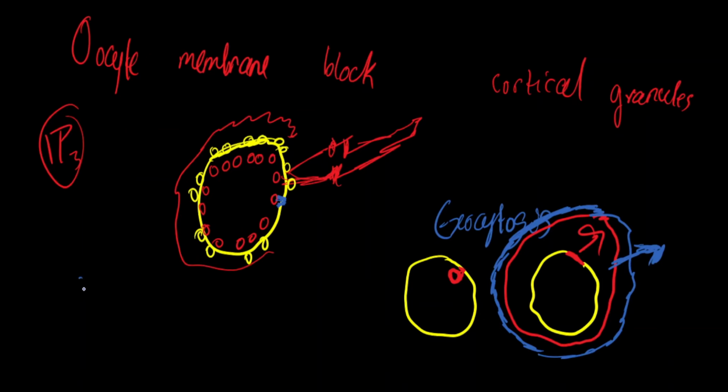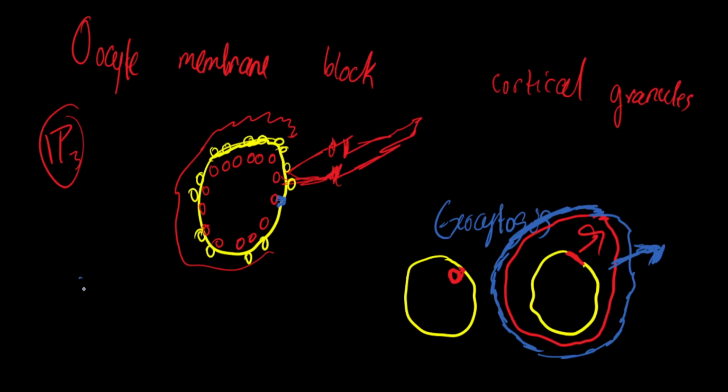Okay, now the content of the cortical granules seeps into the glycoprotein layer of the zona pellucida, and it causes the hydrolysis of those sperm binding receptors such that no other sperm can bind to the zona pellucida and by extension get into the ovum.